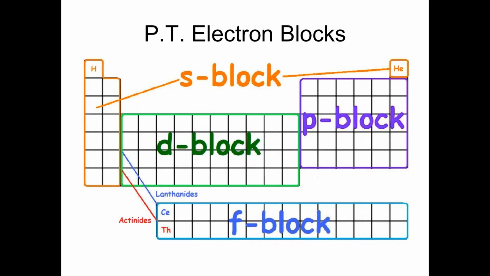But before I do that, I want you guys to take out your periodic tables and turn to the side that actually has the elements on it. If you look at your periodic tables, down in this section, you'll see that it has a box.